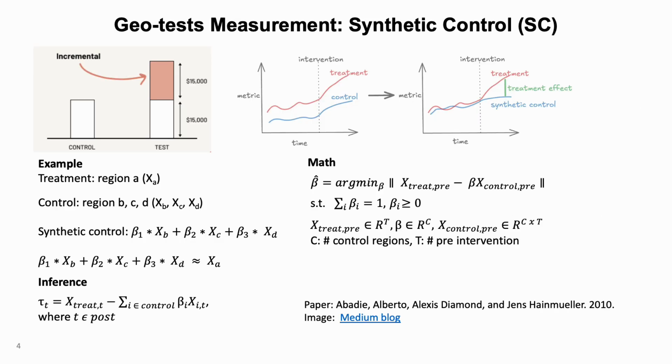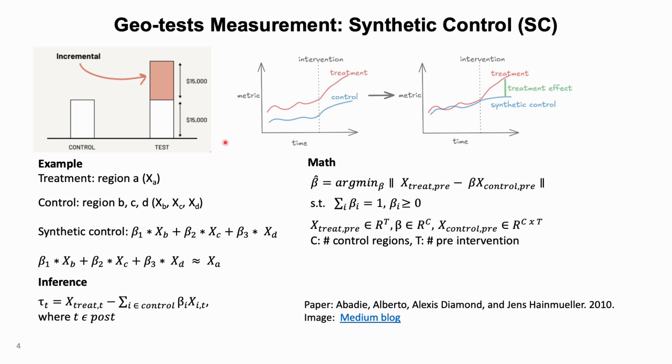To measure the causal effect, or incrementality, in a Geo-test, a very straightforward approach is to simply calculate the difference between the test or treatment group versus the control group, as shown in the left figure here. However, this approach can be problematic because it does not consider the intrinsic difference between the treatment region and control region in the Geo-test.